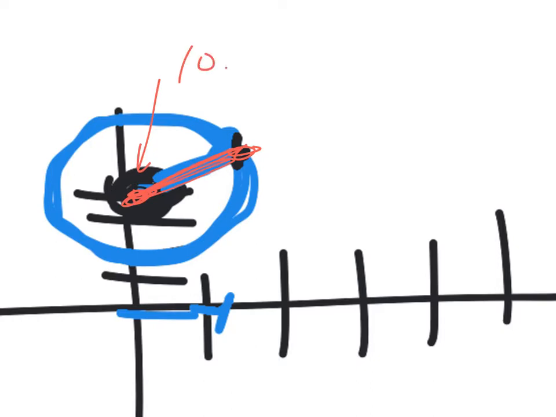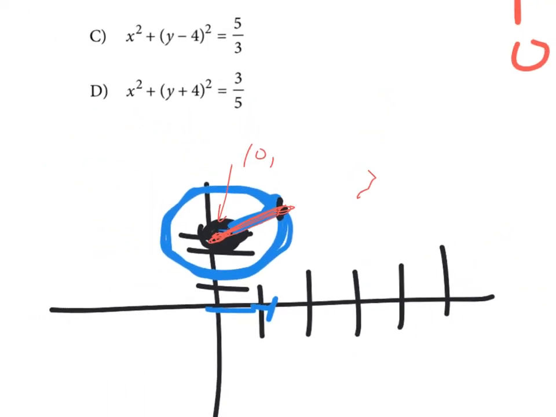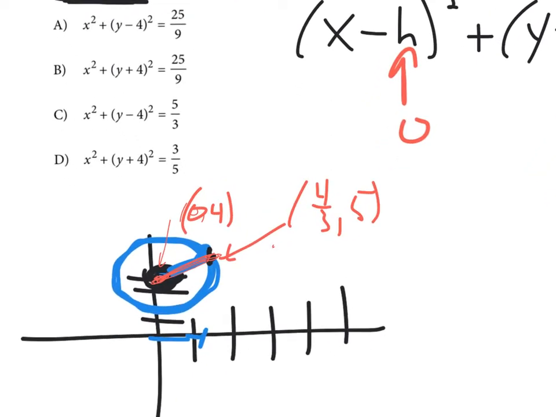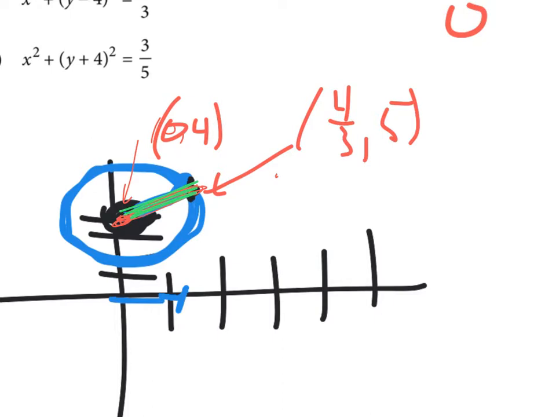If I know the center is at 0, 4, and I know the radius has an endpoint of 4/3, 5, so I have 0, 4 and 4/3, 5. What I can do to figure out the length of this radius is use the distance formula to figure out the distance between those 2 points.